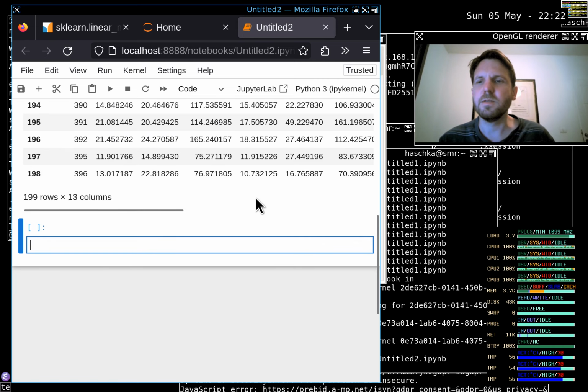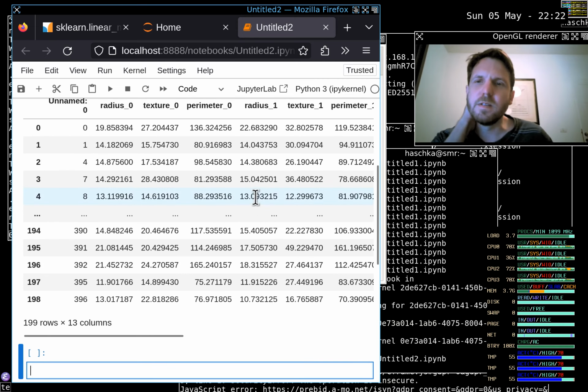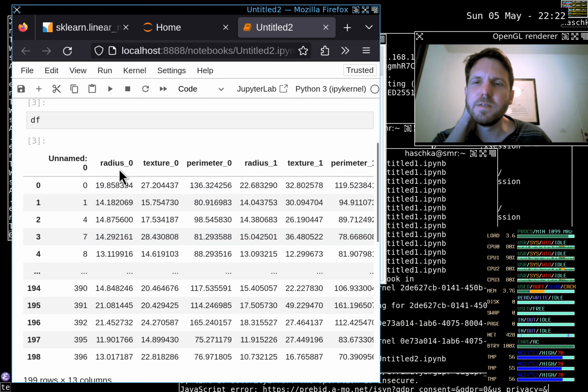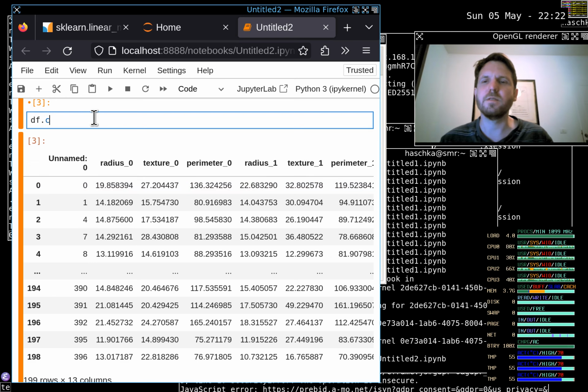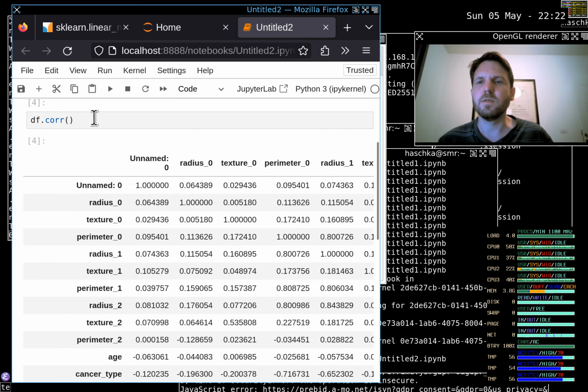When I go into our data frame, we see that we have these columns here, and what we will find out is that some of these columns have a linear relationship. I've already shown you last time this correlation functionality, so I can use corr here in order to get the correlation between these columns.